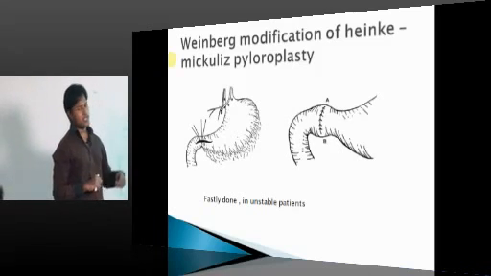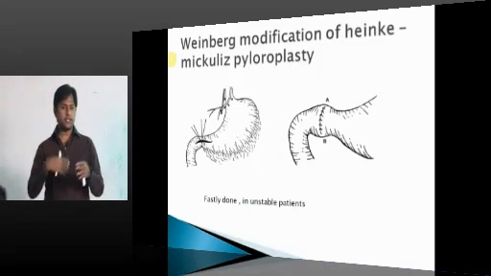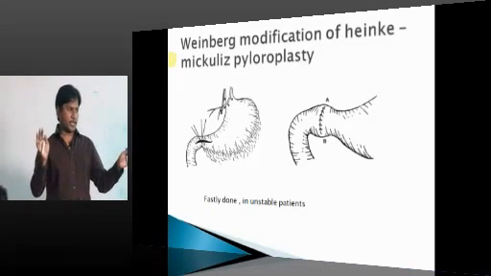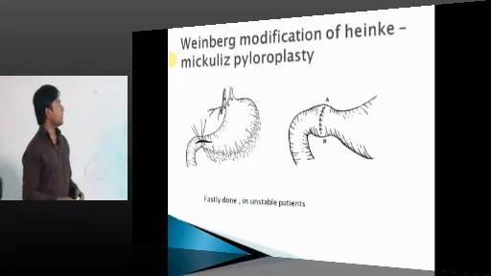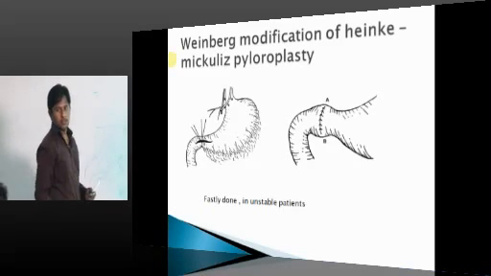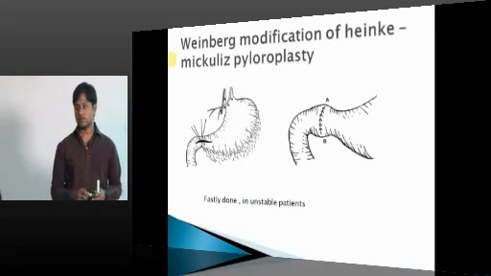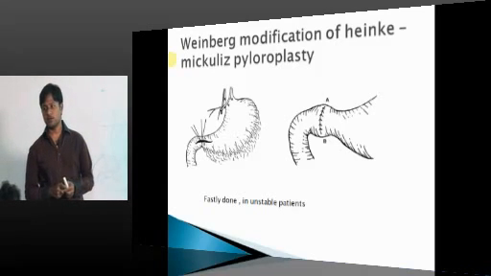What is this pyloroplasty? It tries to widen the drainage, that's all. It doesn't cause increased motility but increases the drainage. Simple, see, you cut it open like this and suture it like this. Pyloroplasty is very simple.